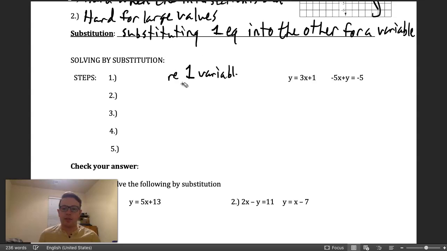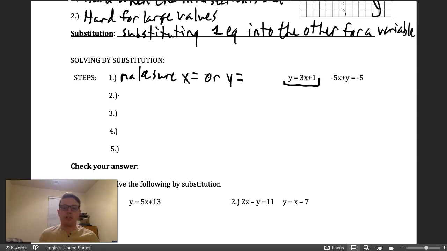Let's phrase that a little bit better. Let's make sure x equals something or y equals something. In this case, do we have x or y equal to something? We do. In this first equation, we have y is equal to 3x plus 1.